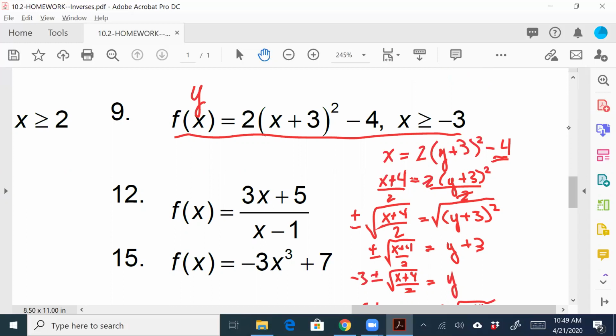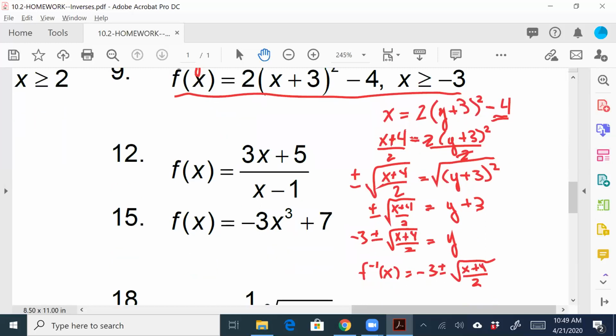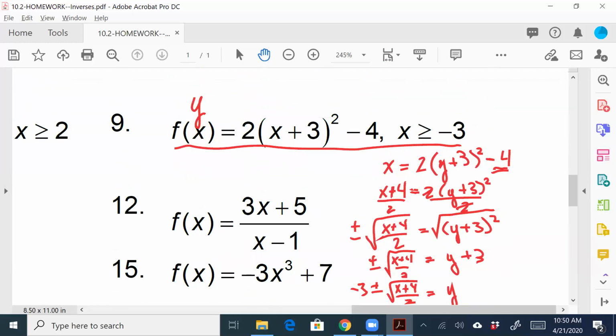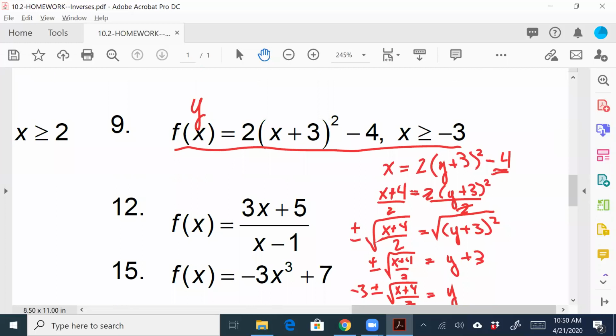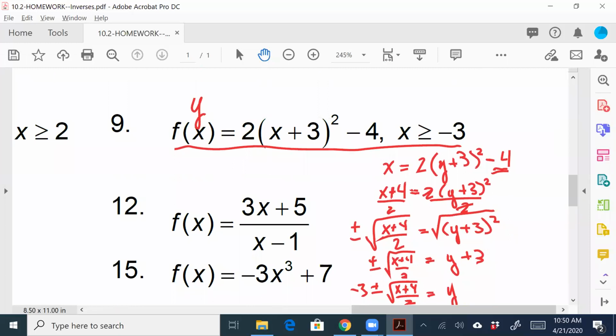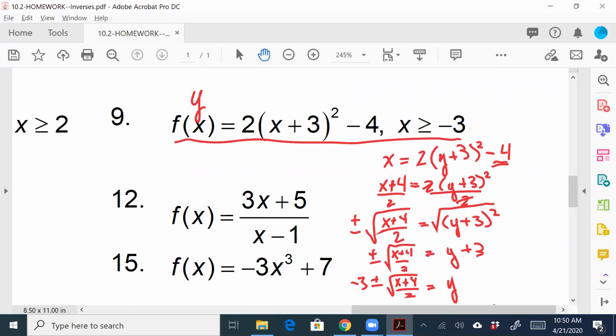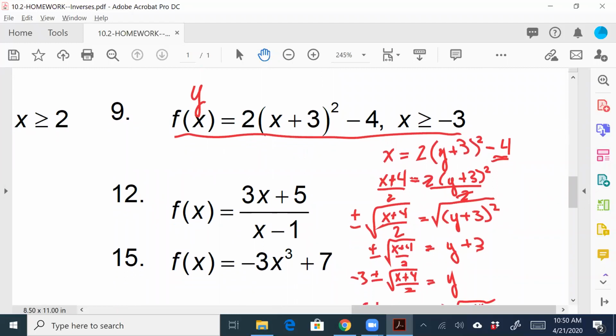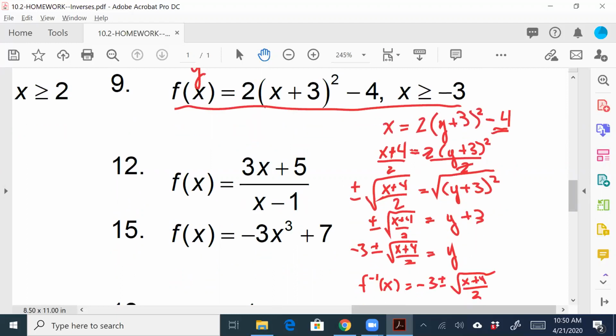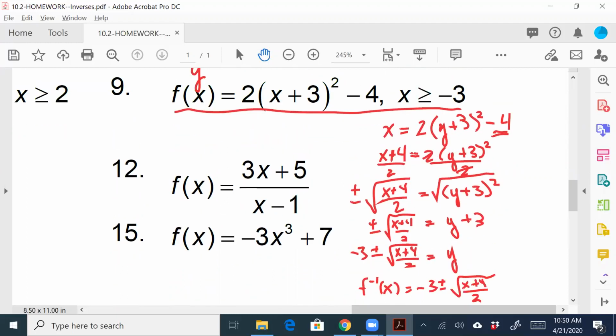Will that be the answer? I'm trying to think here what. Oh, okay.